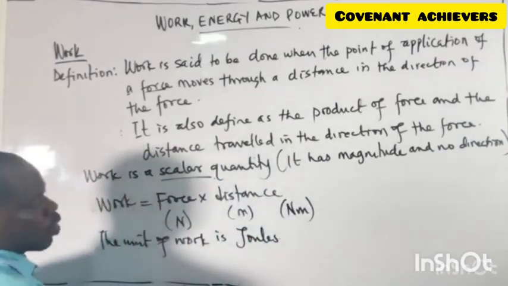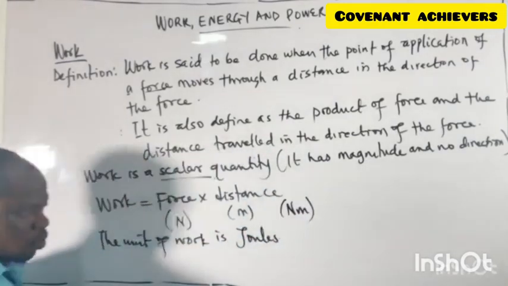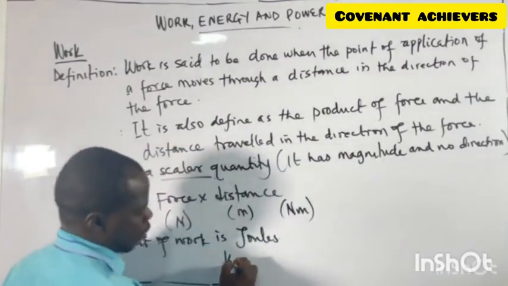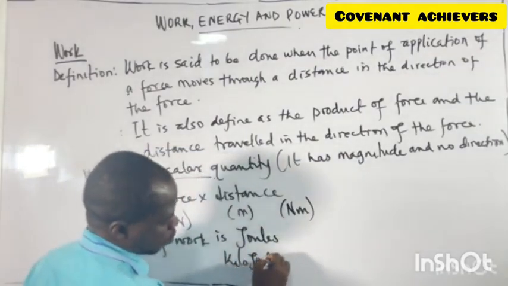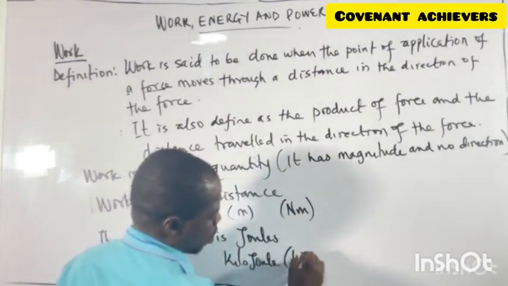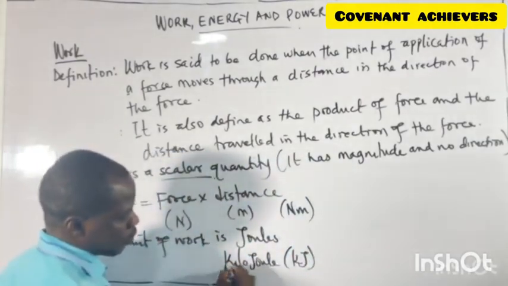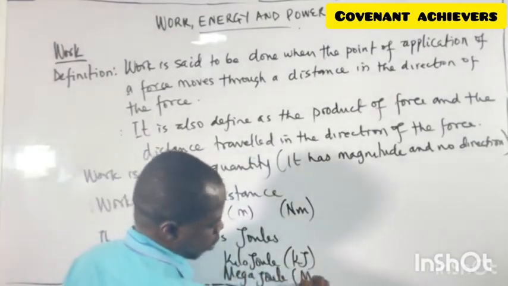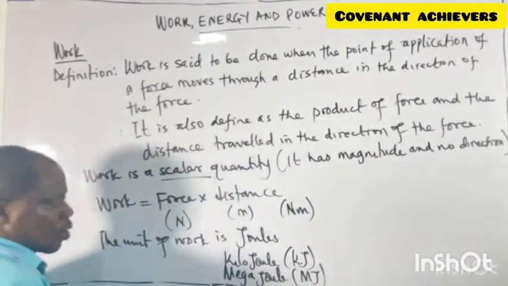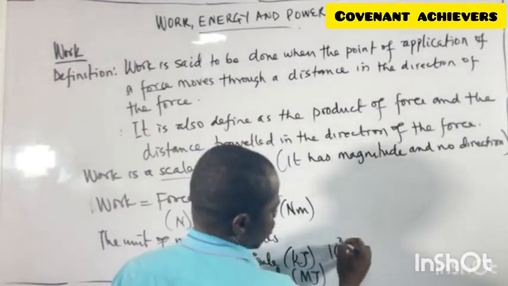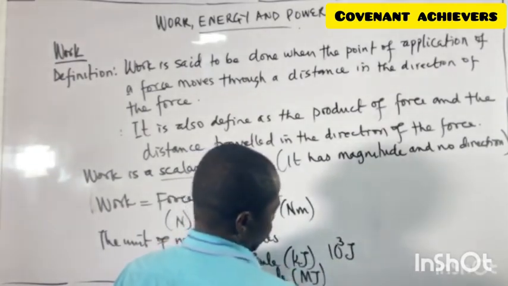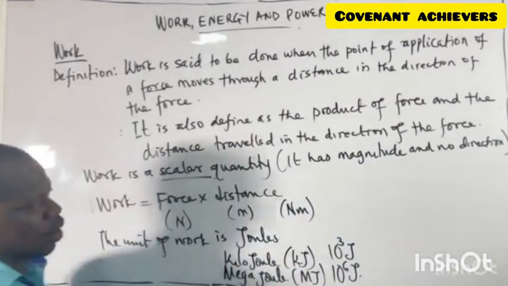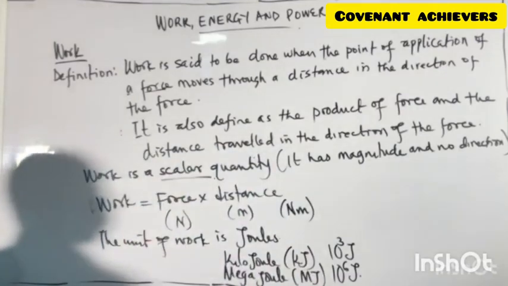But the unit of work is the joule. You can also have other units such as kilojoule, that's kJ, and megajoule, that's MJ, and so on. Kilojoule is 10 raised to power 3 joules, and megajoule is 10 raised to power 6 joules. Now this is talking about the work done on the body.